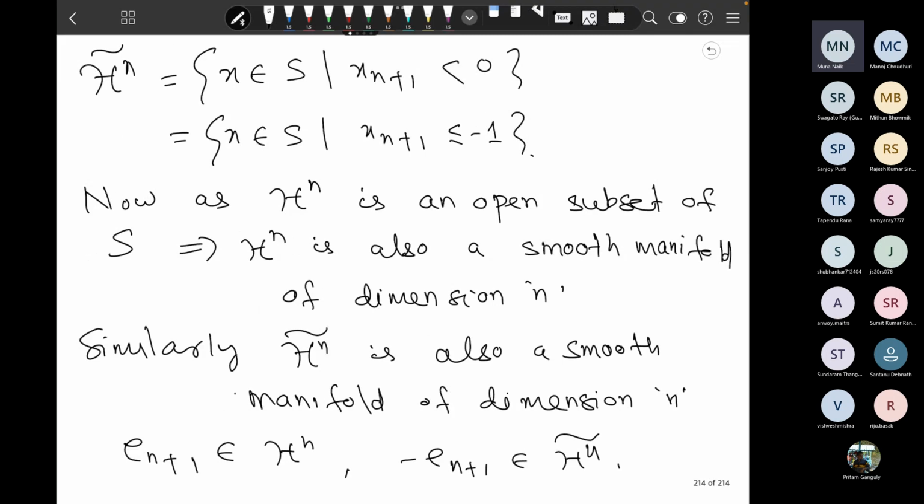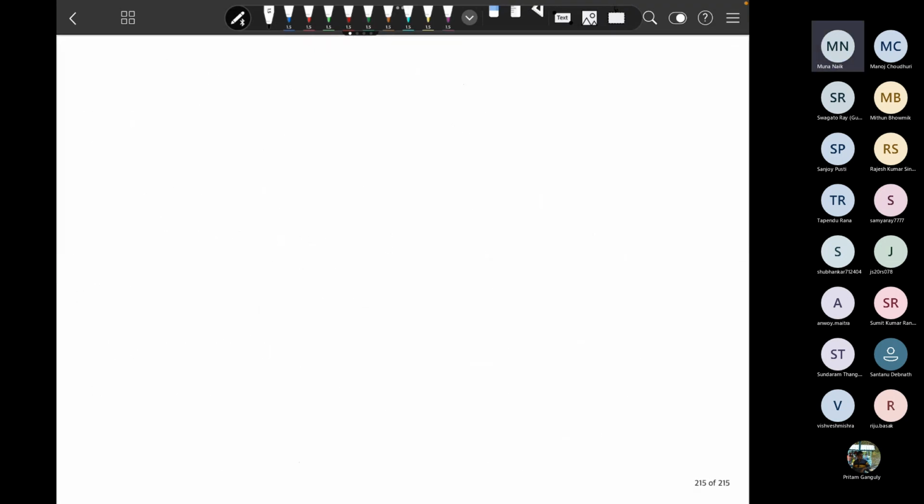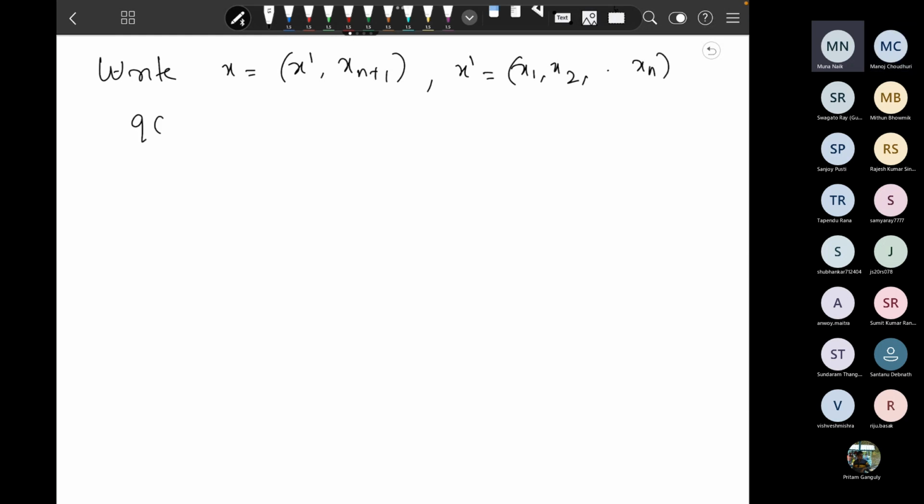Okay, let me write like this. Write x equals x prime and x_{n+1}. What is x prime? x prime is the first n coordinates, x1, x2, ..., xn. Now Q(x) equals minus 1.